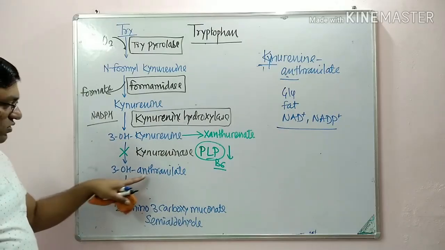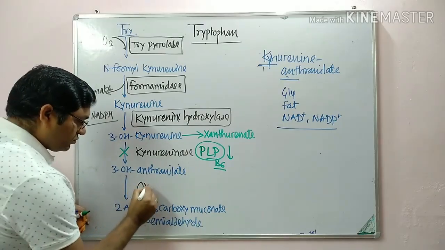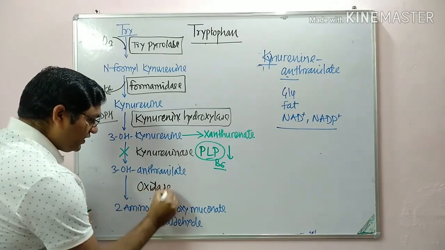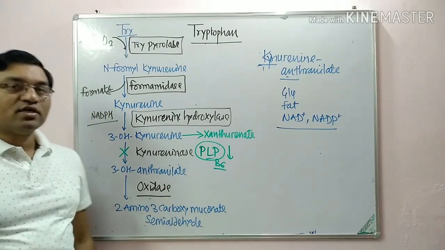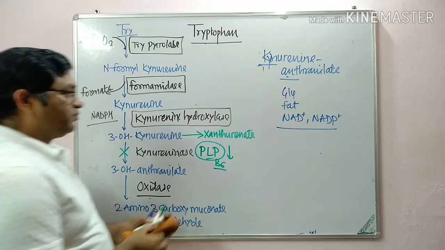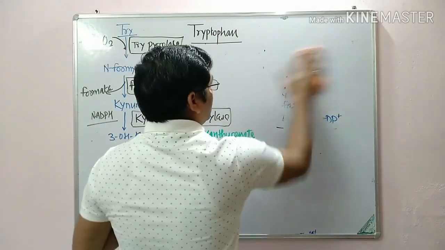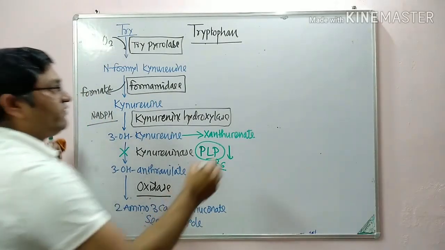Now this 3-hydroxyanthranilate, by the oxidase, is converted into an unstable intermediate, that is 2-amino 3-carboxymuconate semialdehyde. Now this compound has three fates.